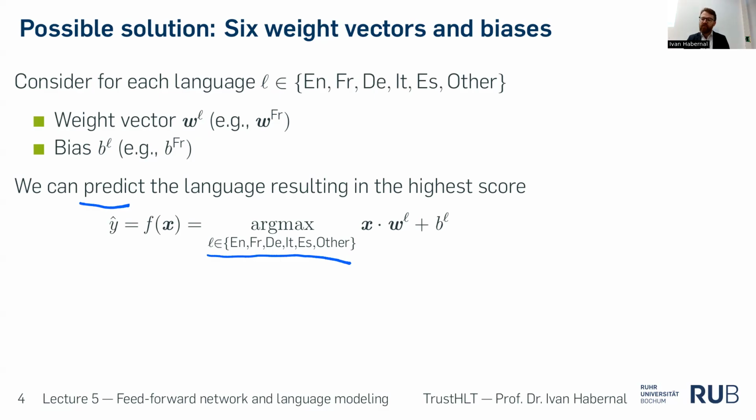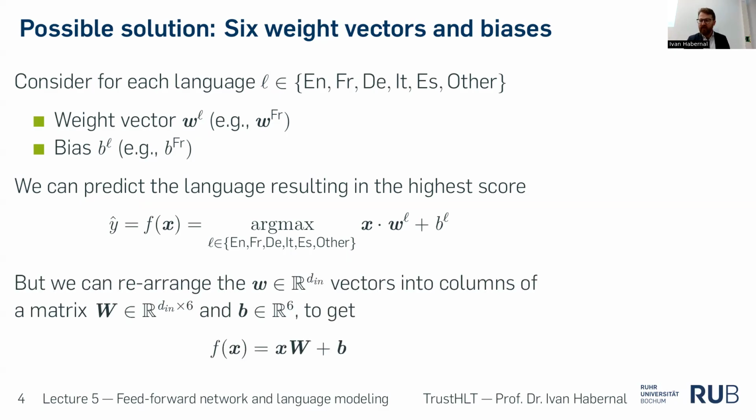So in a way, we can rearrange these per-language weights and biases into multiplying the input by a matrix with dimensionality of the size of the input vector, the number of columns, times 6, which is the number of languages we have. And then the question is, what is the dimensionality of the bias? It's again a vector of size 6.